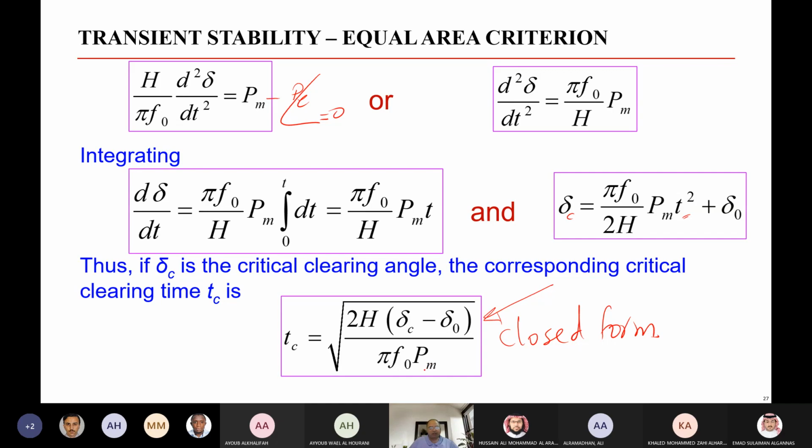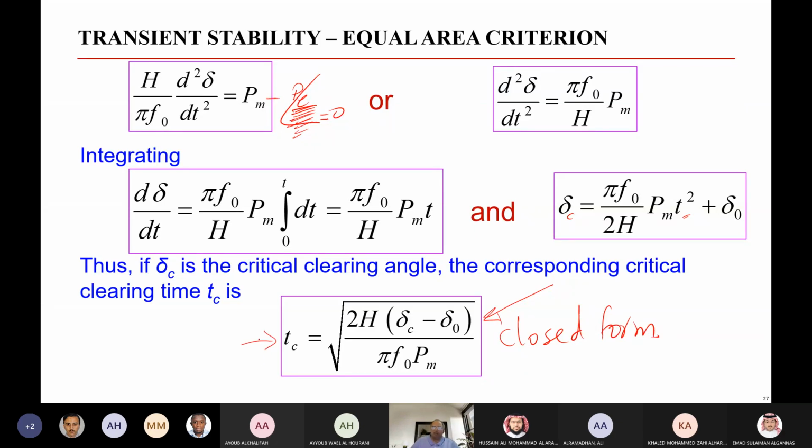Of course this is not always the case. Here we integrate when P electrical equals 0. If P electrical is not equal to 0, and you have sine delta somewhere here, in this case you cannot integrate as simply as we have here. So for this specific fault, a three-phase fault at the bus, with P electrical equal to 0, we are able to get a closed form solution for the critical clearing time.